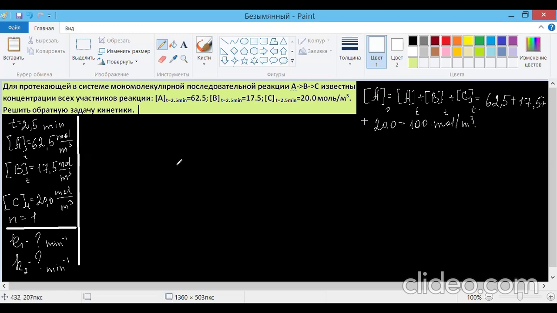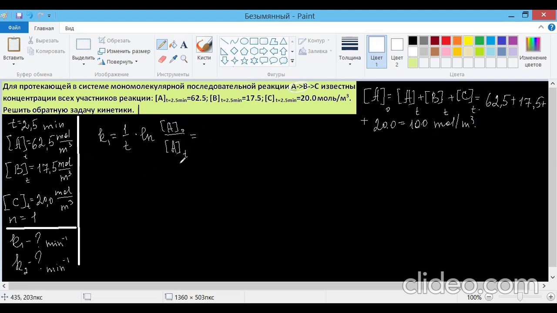Then we remember that for this part of the kinetic scheme, we can apply this formula. It's K1 equals 1 over t times the logarithm to base e, or in other words, the natural logarithm of the ratio of the initial concentration of reagent A to its current concentration at time t.